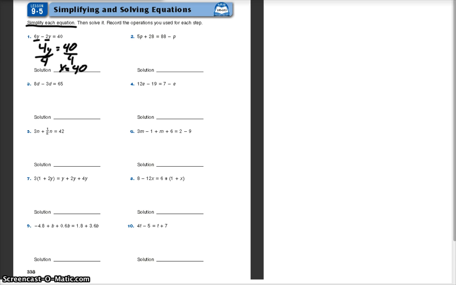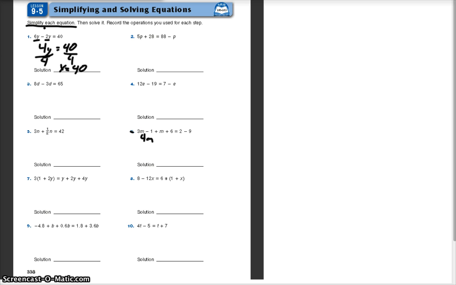We're good to go. Now let's take a look at number 6 right here. We've got 3m minus 1 plus m plus 6 equals 2 minus 9. So first thing is simplify. So I'm going to look at my like terms. I've got 3m and plus m. So I'm going to do 4m.